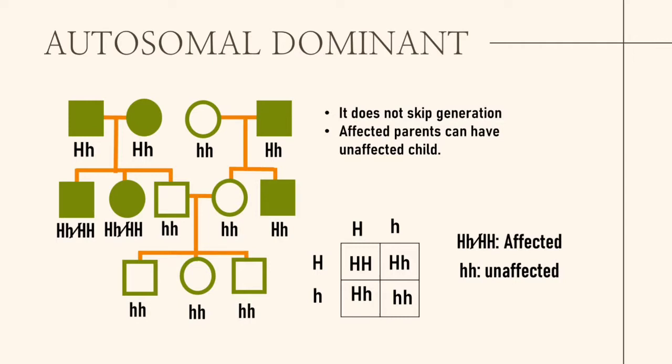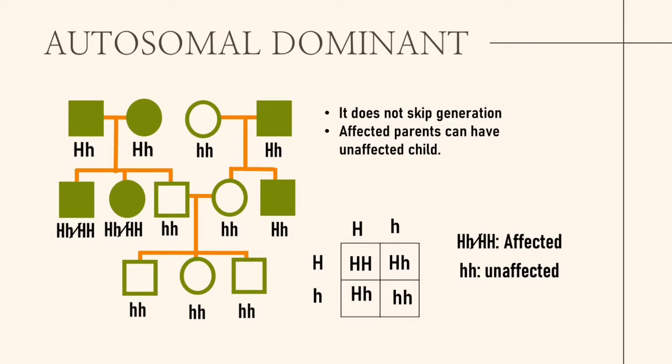So with that, the probability in having a child that is affected would be 75%. Well, 25% naman will be the chance to have unaffected child. Okay? So that is the case on this one. Okay? Yun yung naging dahilan kung bakit yung tatay dito would be unaffected. Okay? Going back, next naman tayo.